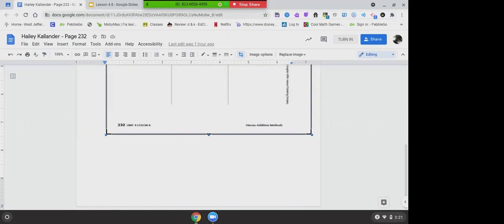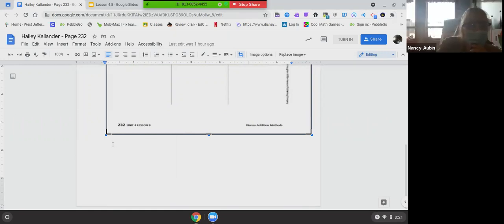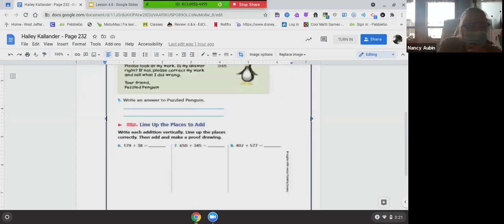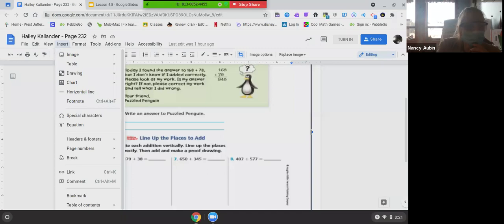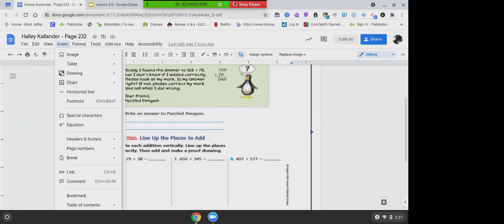It's not letting me type. Okay, go up to insert. Click on insert. It's not letting you. Okay, then can you just take a picture of it and turn it in for me? Yeah. Let's do that.